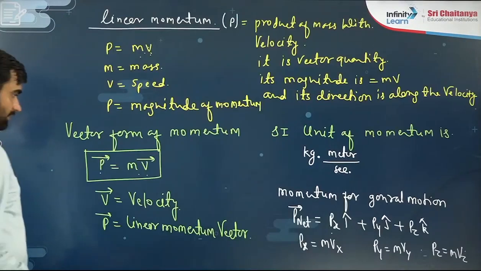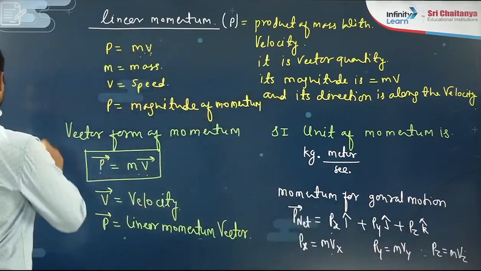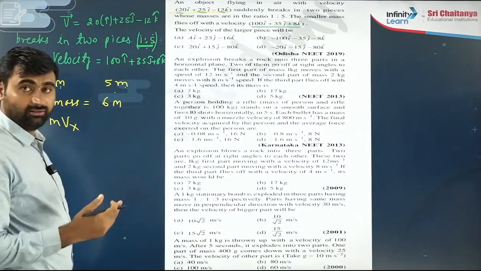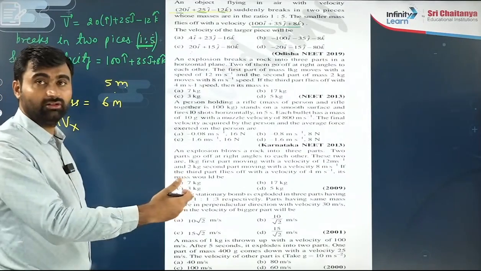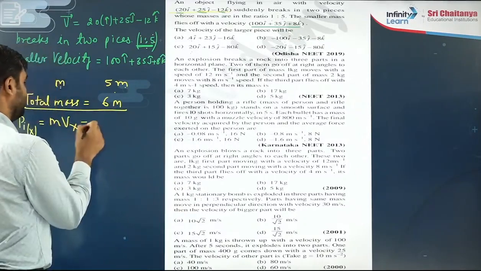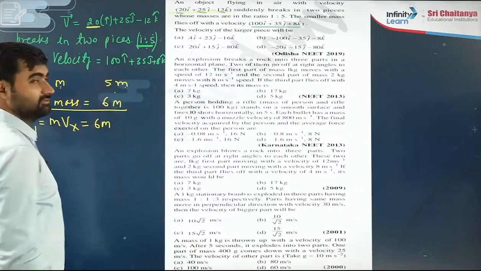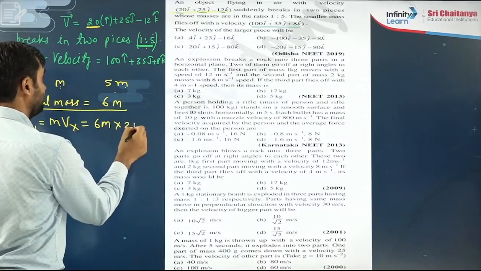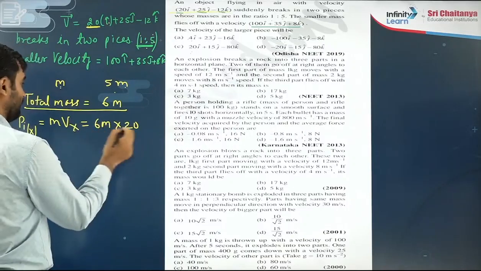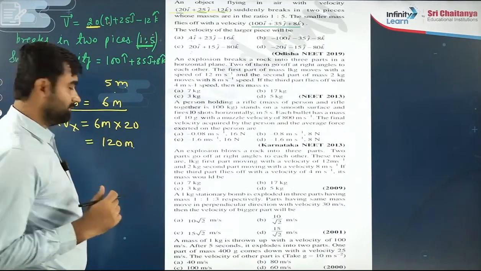Momentum in x means mvx, y means mvy, z means mvz. Now what is m? Initial means before explosion, and before explosion the total mass is 6m. So it is 6m into vx. The initial velocity is how much? 20. So this value we calculated, it is 120m.